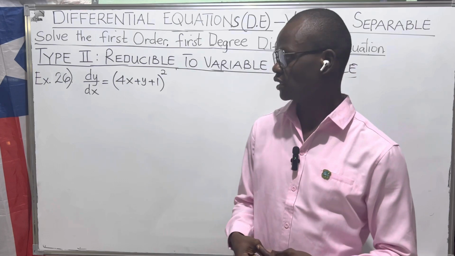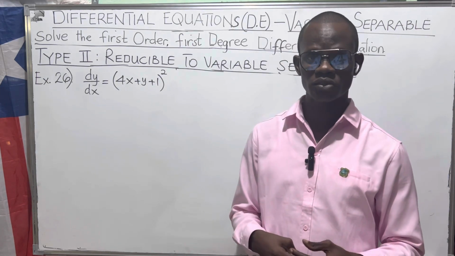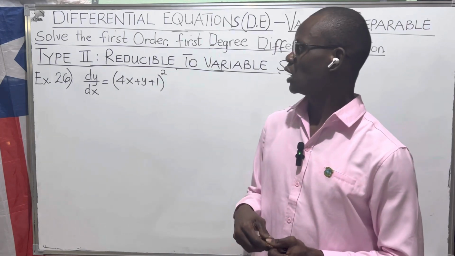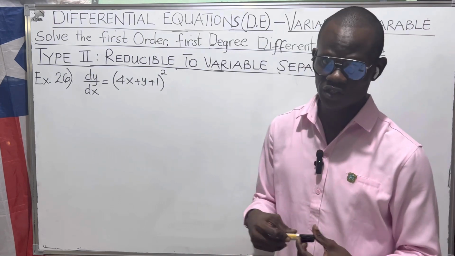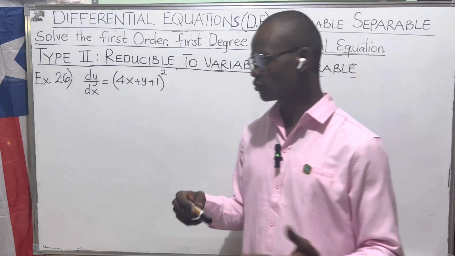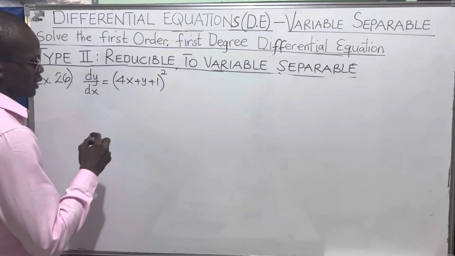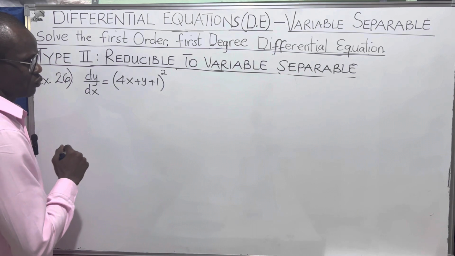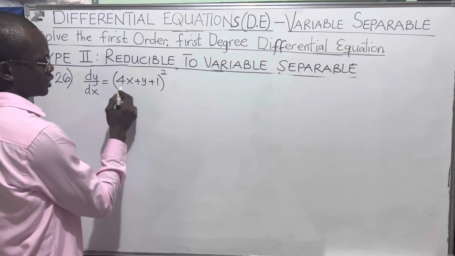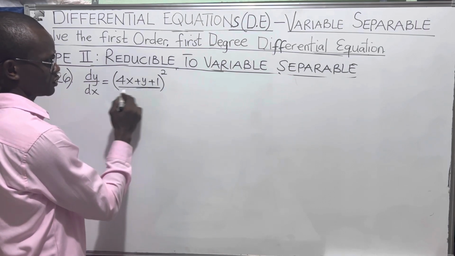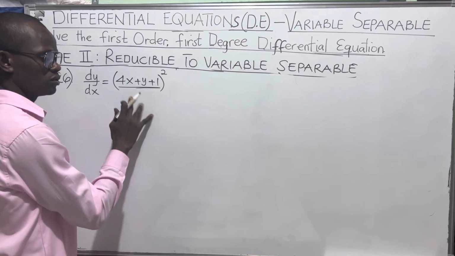So let's see how we can look at a few problems involving reducible to variable separable type 2 under solving first degree differential equations using variable separable. Now what we need to do is substitute the inner portion of this expression with some other variable.